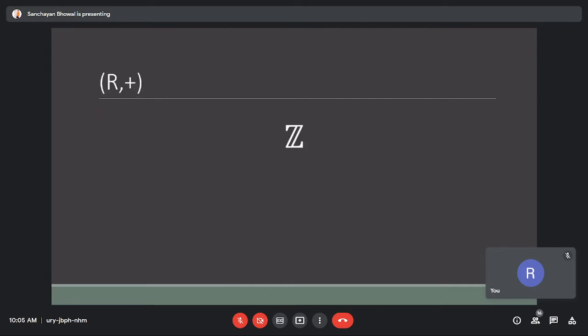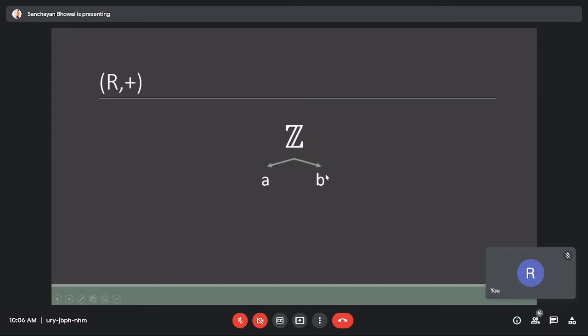So we'll start with, let's say, the group R under addition as a binary operation. We take Z, for example, and two elements, a and b.